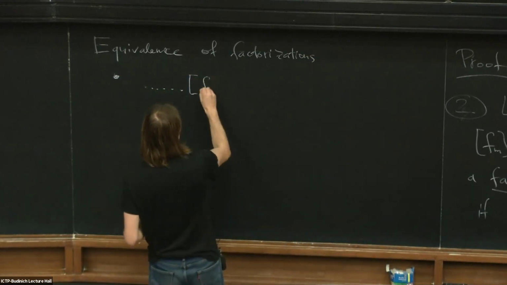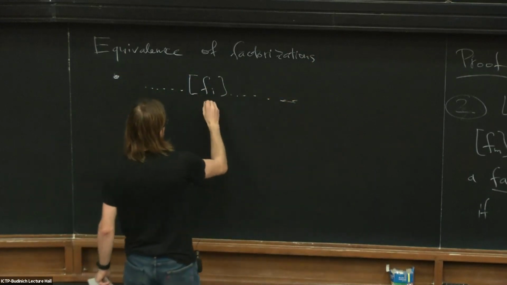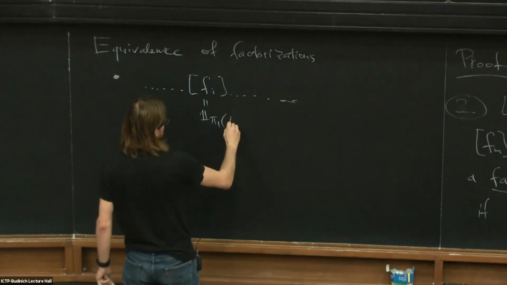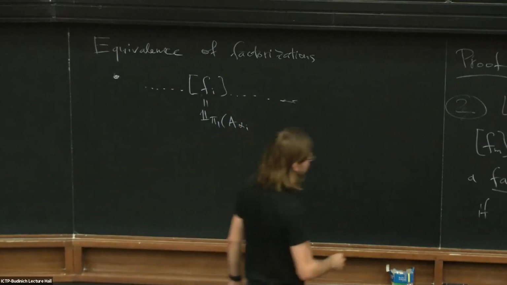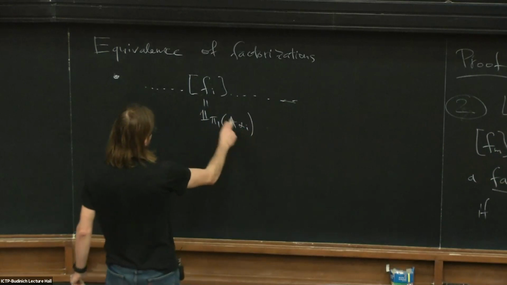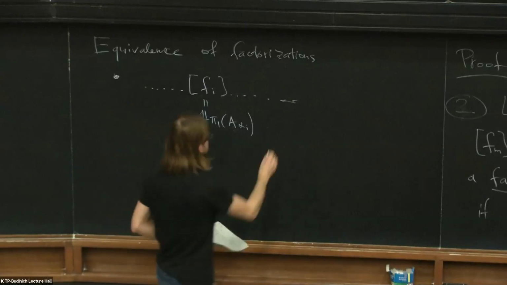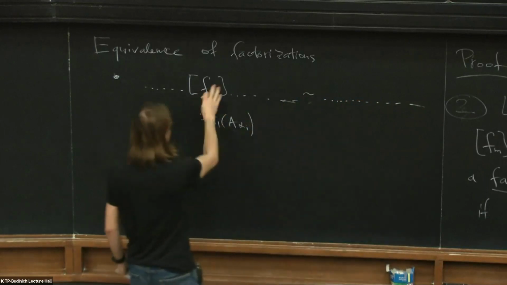So if I have some element in the middle of my factorization which is just the identity in pi1 of the corresponding A alpha i, where A alpha i is the subset where our small loop fi lives, then this is equivalent to the factorization with this element removed.